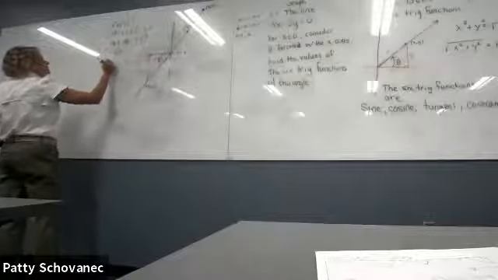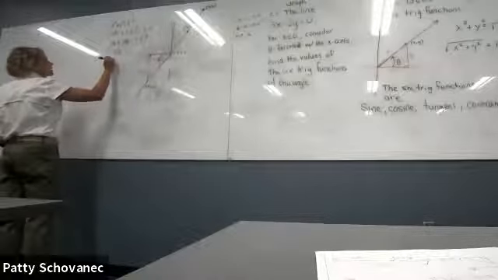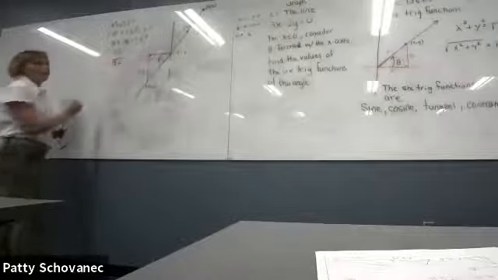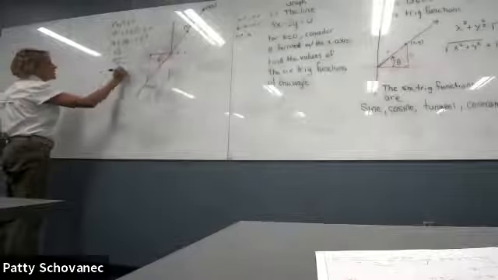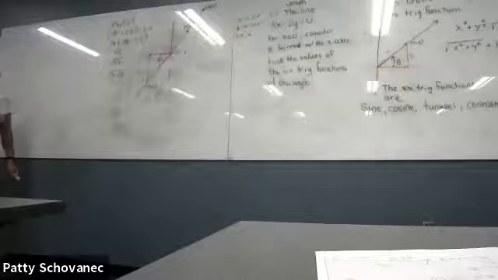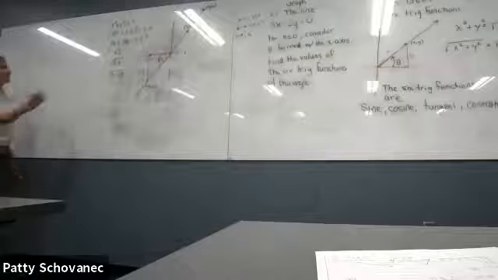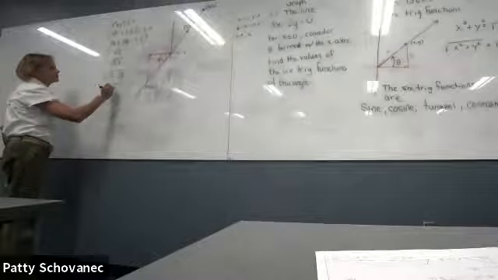And 52 is r squared. So r is the square root of 52. But you happen to notice that 52 is the same as 4 times 13. And 4 is a perfect square. So I can write the square root of 52 as 2 times the square root of 13.